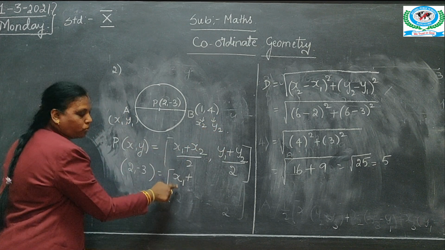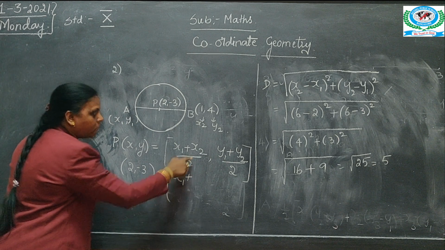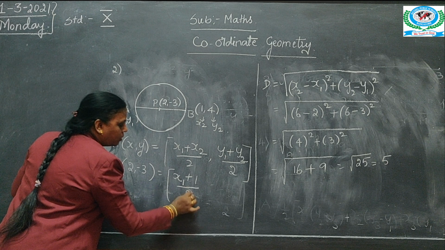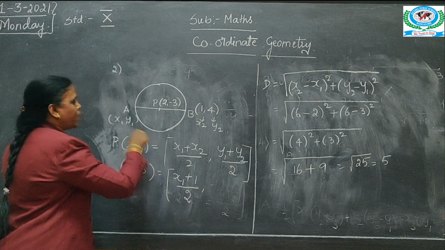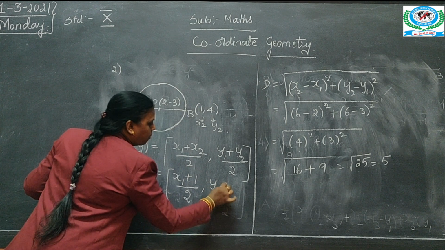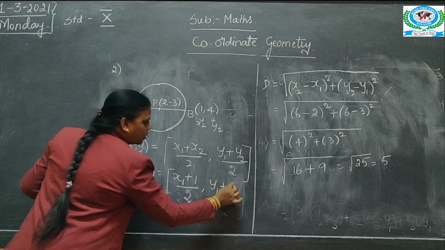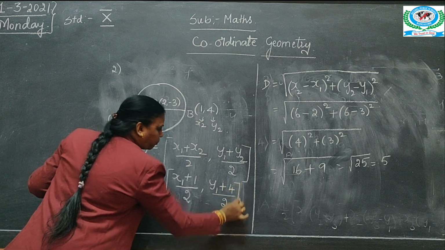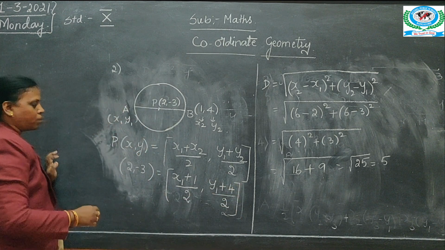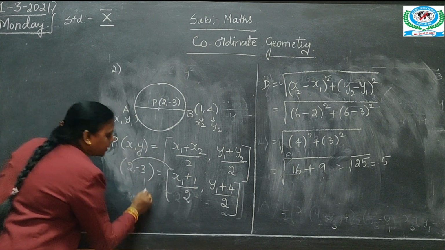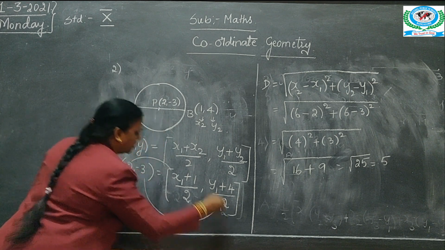So x1 we don't know, and x2 value is 1, divided by 2. y1 we don't know, so y1 plus y2, where y2 value is 4, divided by 2. So the x term you equate to this and the y term you equate to this.